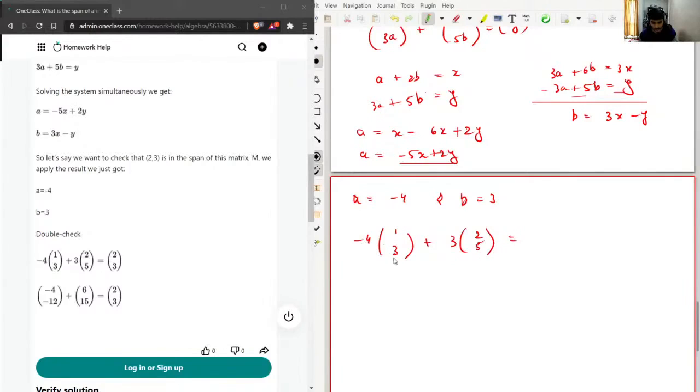We keep this 2 and 3 in these equations and check whether in the LHS we are getting 2 and 3 or not. So this will be -4, 6, and this will be -12 and 15. So 15 minus 12 will be 3.